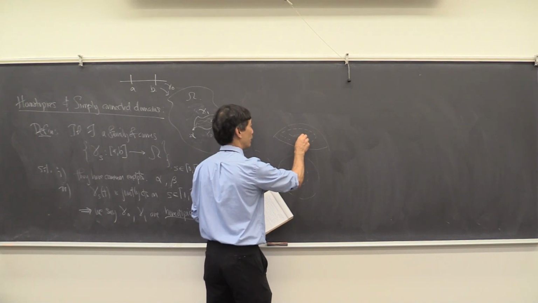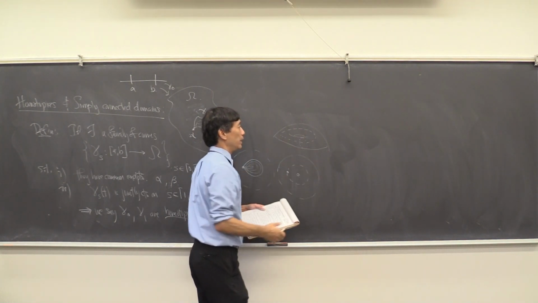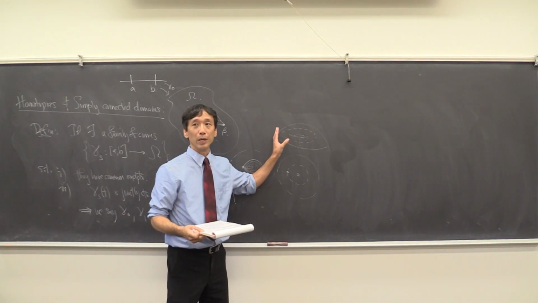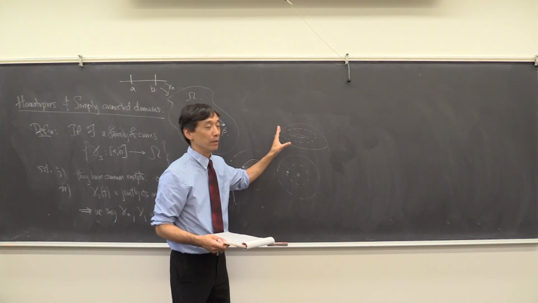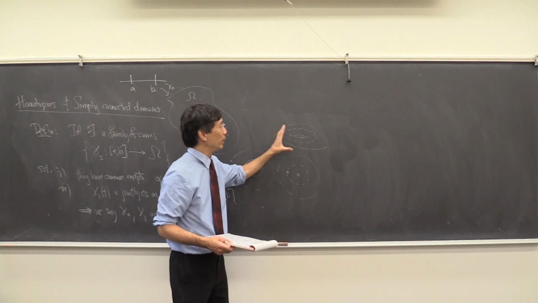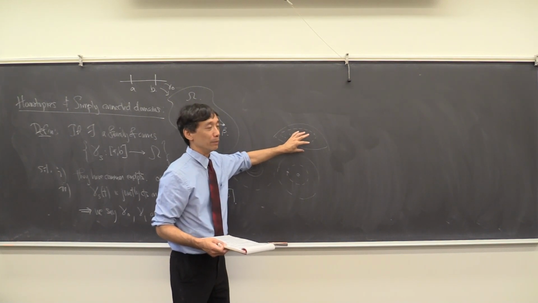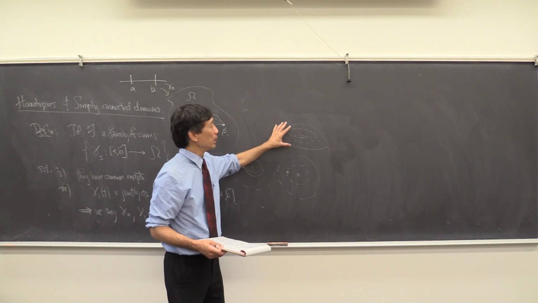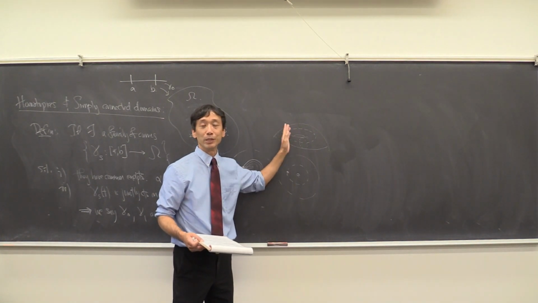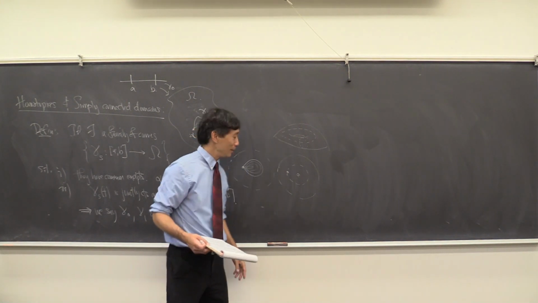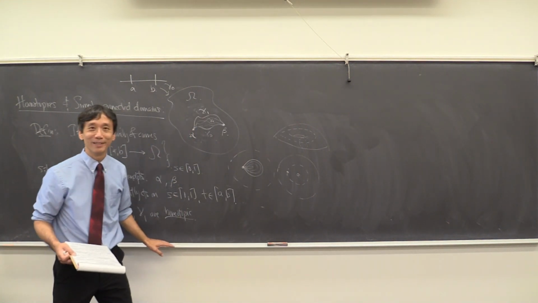Similarly, a curve that goes around like this also cannot be deformed to a constant. Studying what's called the fundamental group, the equivalence classes of these curves, gives you a tool with which you can distinguish different topological objects from each other. So you guys should take a course in topology. It's fun, it's good.